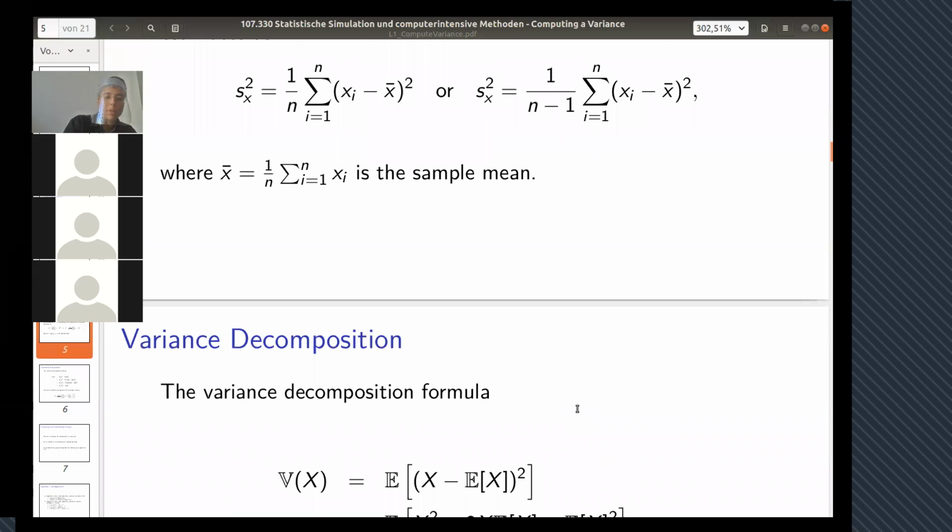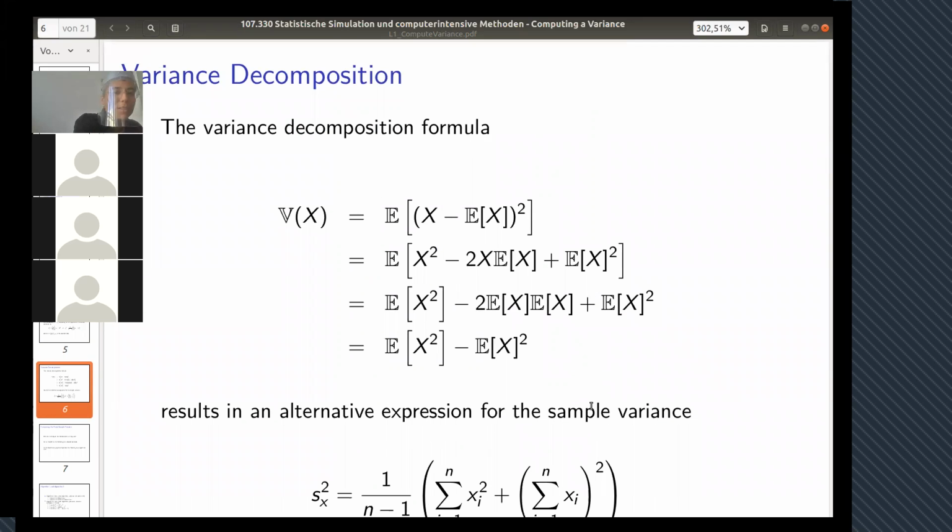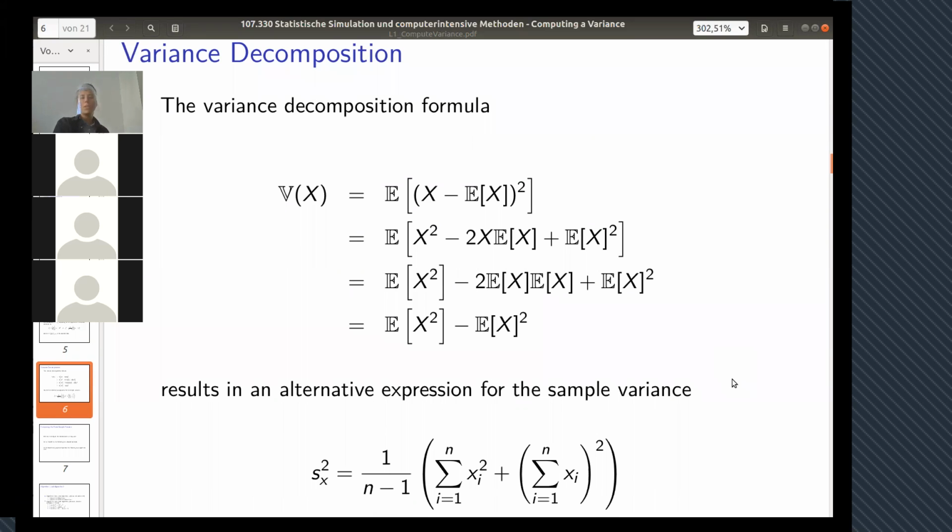Now, there's also a trivial decomposition of the variance for the mathematician, something that all the others have tried to forget since their last math lecture. For the non-mathematicians, the variance decomposition formula splits up the whole quadratic deviance term into a part which is the expectation of the squared values minus the original expectation squared.